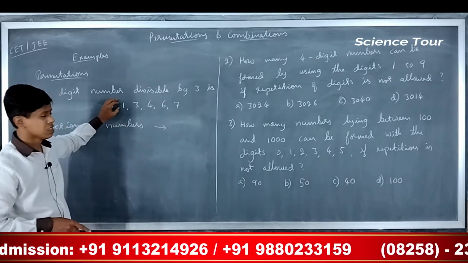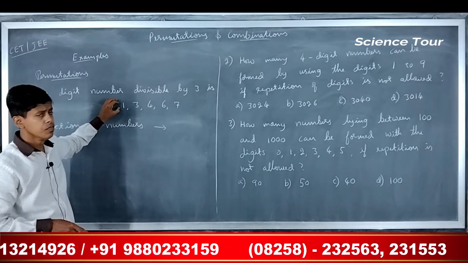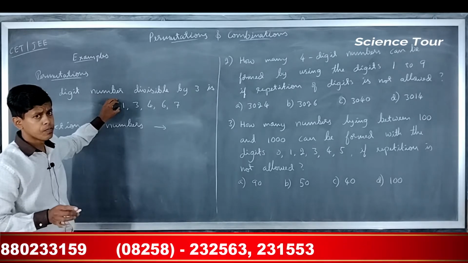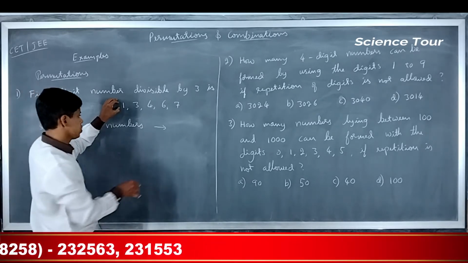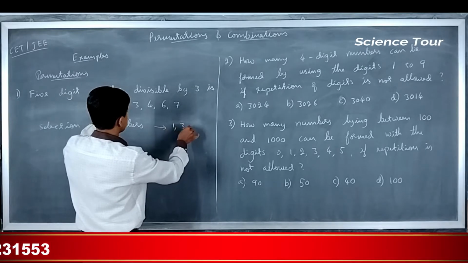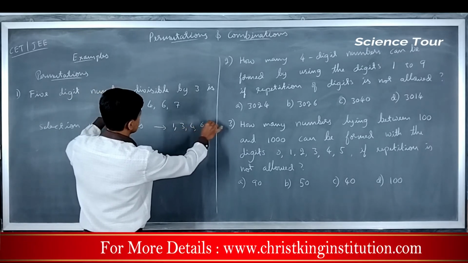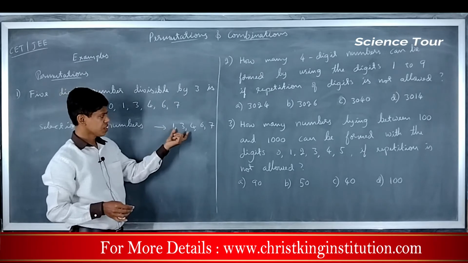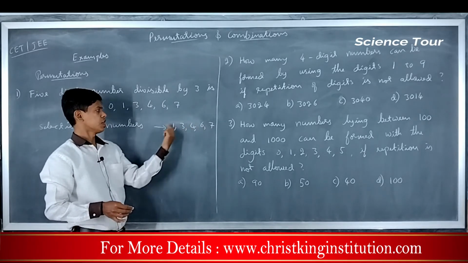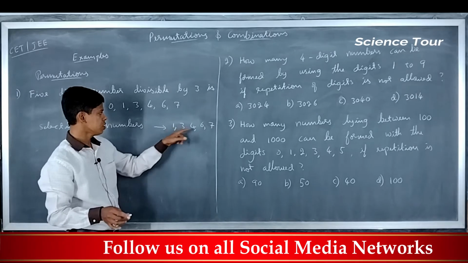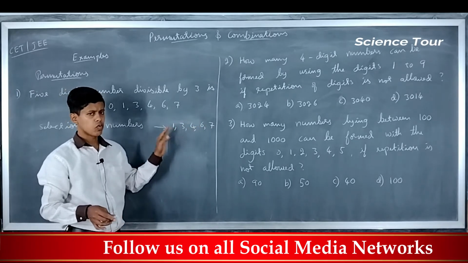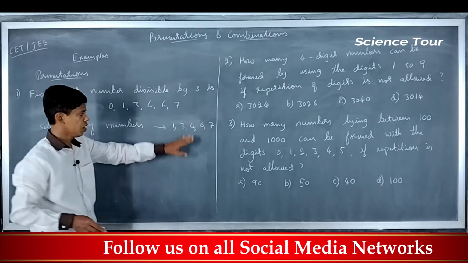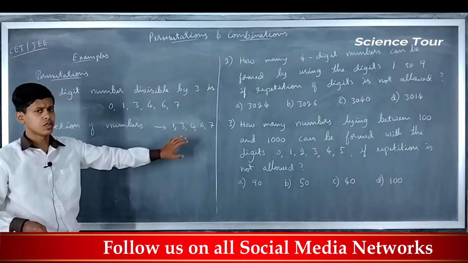So if the sum of the digits is 21, then is it divisible by 3? Yes. So the first selection of digits can be 1, 3, 4, 6 and 7. So this can be like 13,467, or you can rearrange this. You can start with 3, you can start with 4, 6 or 7 or 1, okay, anything. So various arrangements are there which we will calculate.